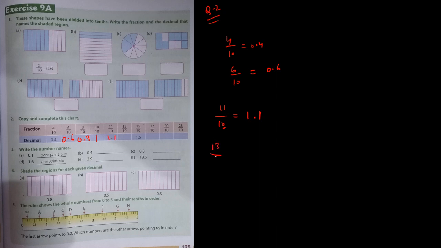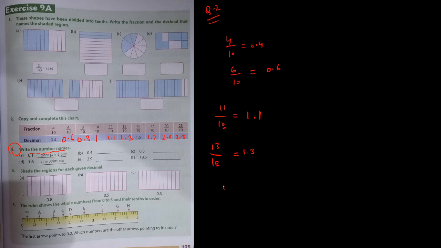Now 13 upon 10, 1 zero, the decimal will be after one digit. It will be 1.3. Okay, 1.3. Now it is 1.7, it is 2.0, it is 2.3. Fine. Now question 3, write the number names.